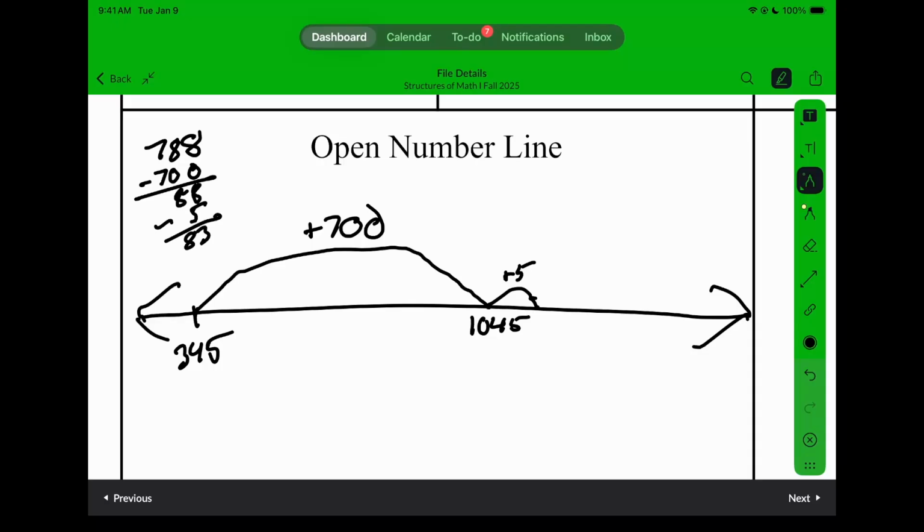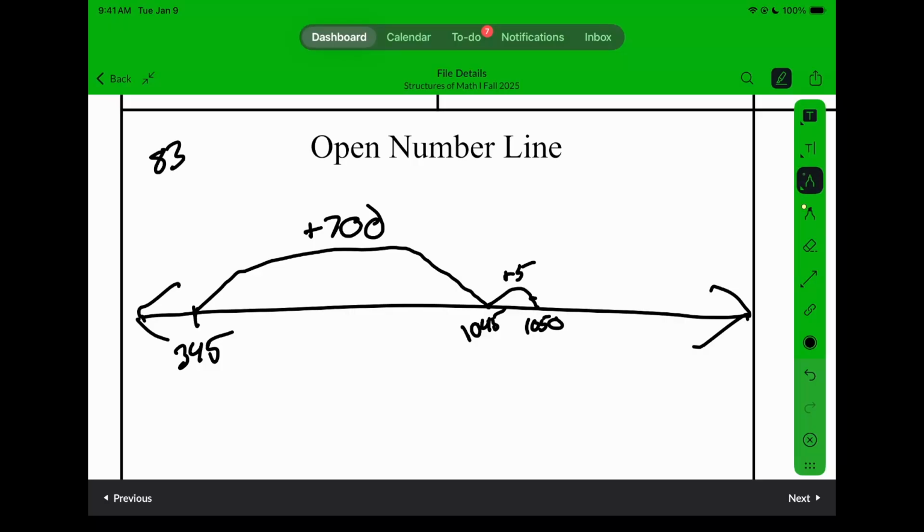Keep track on our side there. Plus 5, so we have 1050.